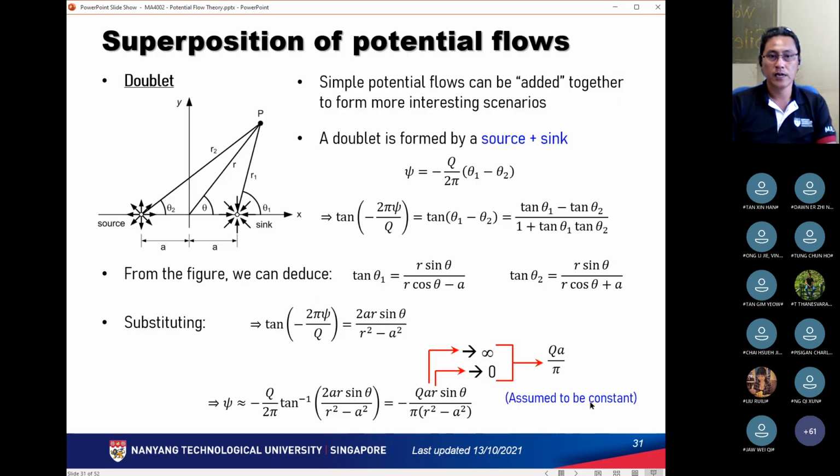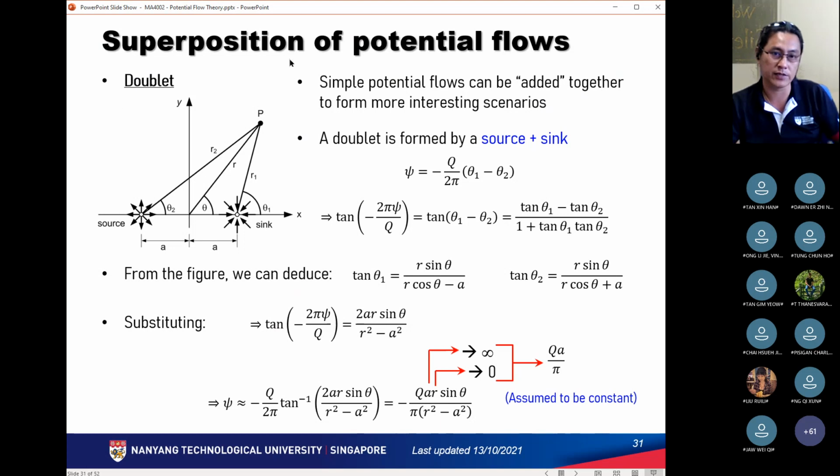Now that we've seen these few 2D potential flow entities, we are now able to combine them to form more interesting flows, thankfully. Because a uniform flow or a source is not that interesting. Let's try to combine them. One of the first so-called combined flows that we can get is a doublet.